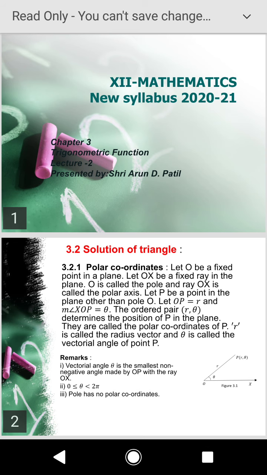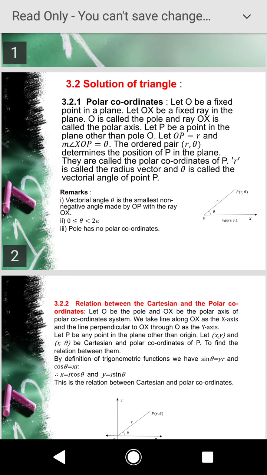Second, theta is greater than or equal to 0 and less than 2 pi. And third, the pole has no polar coordinate.